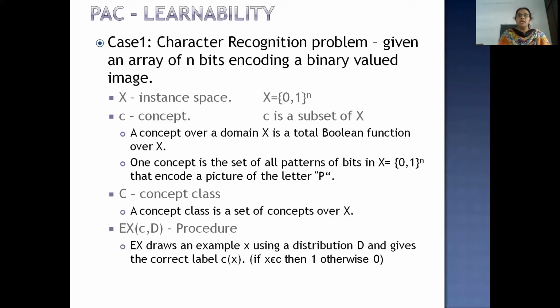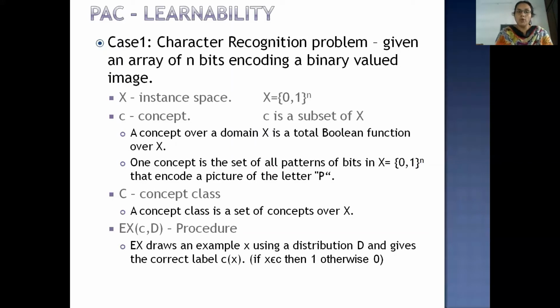Each character will be represented using n bits, a sequence of 0s and 1s. X is the instance space, and this is our input. The training data set will be a subset of this X.